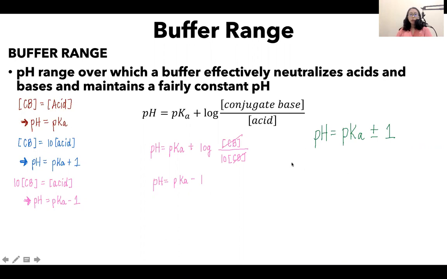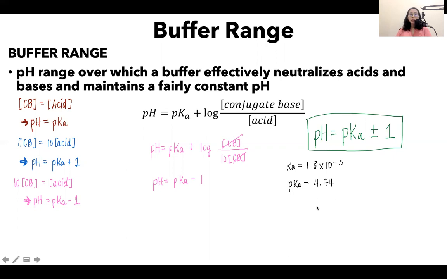So for example, if we have a buffer composed of acetic acid and acetate, the Ka of acetic acid is 1.8 times 10 raised to negative 5. If we get the pKa, that's negative logarithm of 1.8 times 10 to the negative 5, it's equal to 4.74.